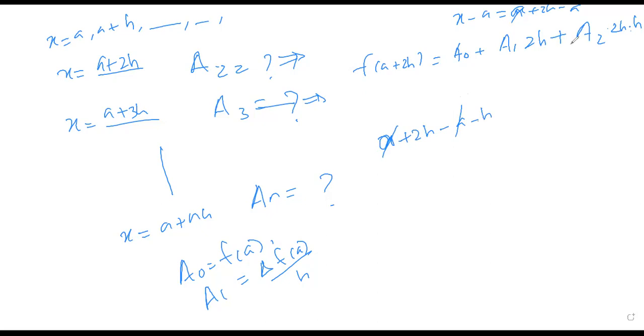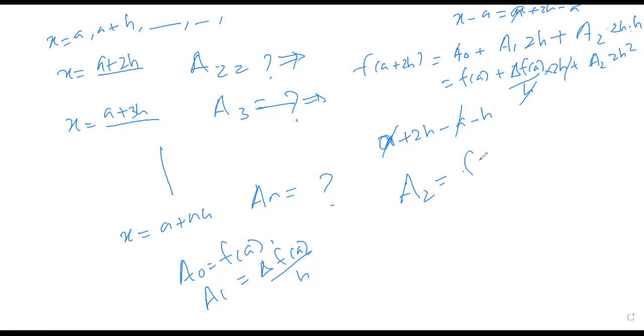Yes, good. So, yeah, I know a naught is fa. This one will be delta fa divided by h times 2h. So just substitute whatever you find. This will be 2h squared. So h cancels out. So I only need a2. Okay, I can take all the other terms this side.